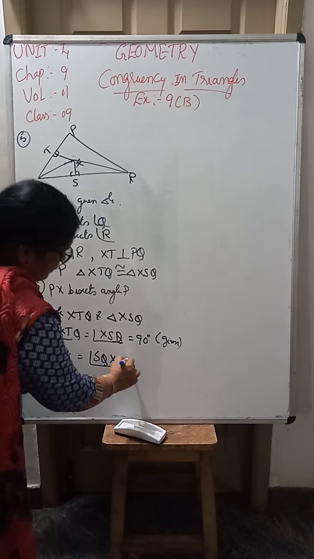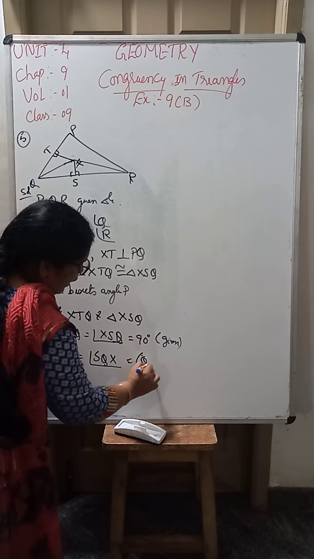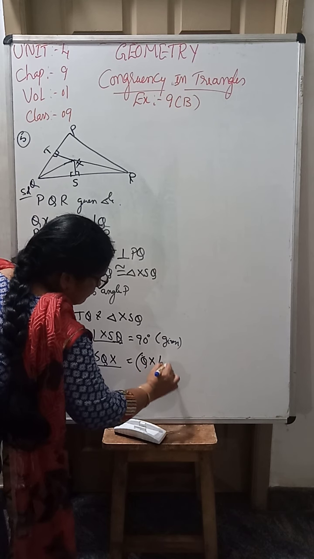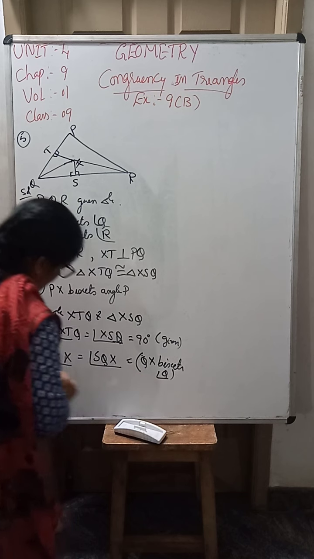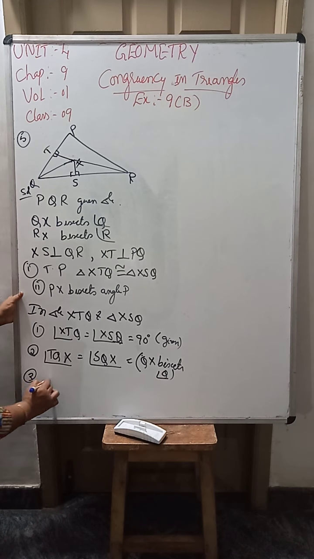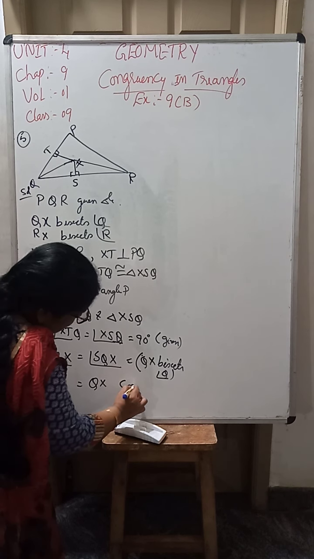That's also given, because QX bisects angle Q. Third one, QX is equal to QX, common.